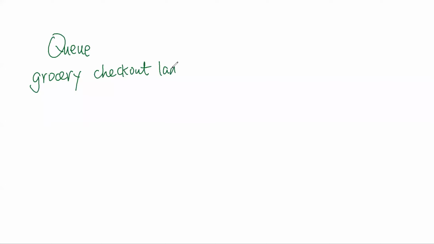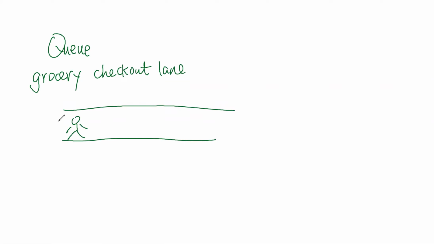So today we will learn a new data structure. We call it Queue. And we all are quite familiar with this concept. If you recall, you go grocery shopping, and when you do checkout, the grocery checkout lane. Whoever is the first to come will be at the beginning of the line, at the front.